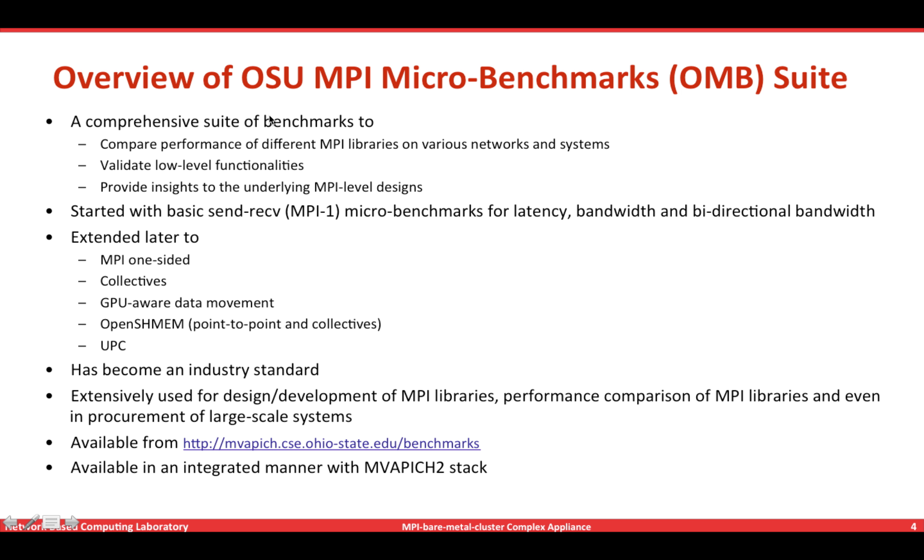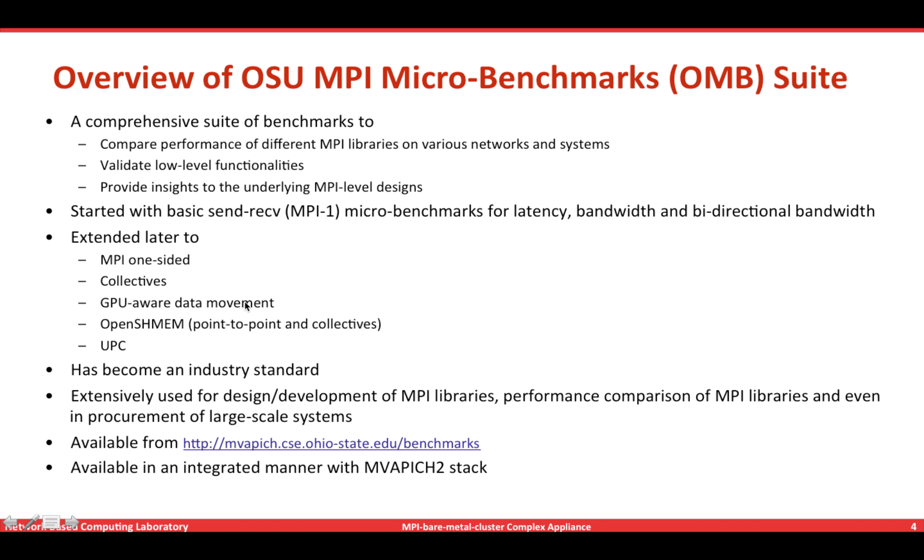OMB is a comprehensive suite of benchmarks to compare performance of different MPI libraries on various networks and systems. It can be used to validate low-level functionalities. It also provides insights for understanding the underlying design of MPI libraries.